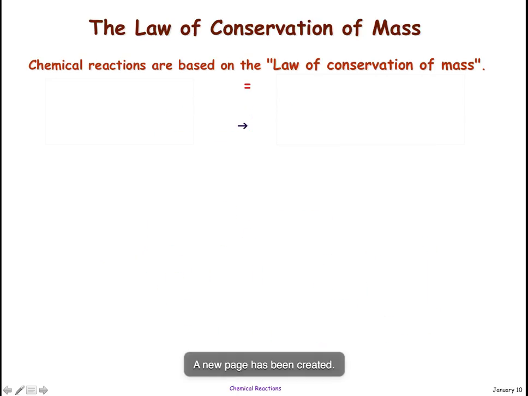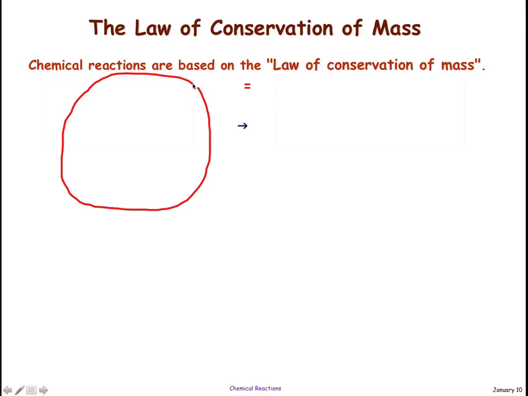So the first thing that you need to know is what the symbols are and what information you get from a chemical reaction. The first is that the law of conservation of mass is obeyed. That is, the atoms on the left also show up after the reaction.